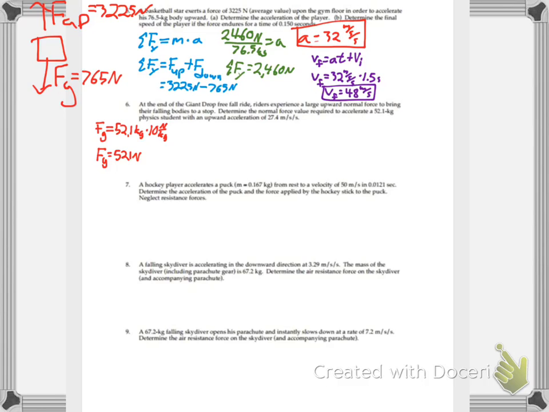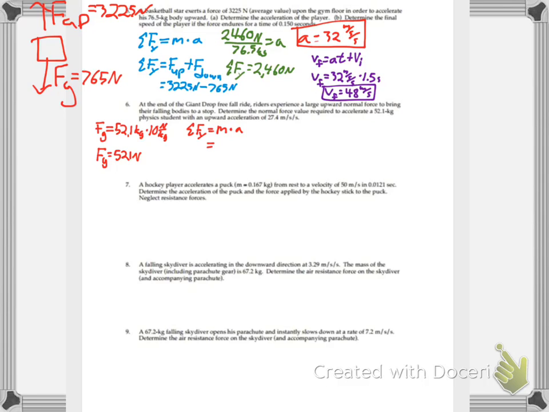And now we're going to want to know what normal force we need to cause an acceleration of 27.4 meters per second squared. So now we want the sum of our forces in the y direction, which will be the mass times the acceleration.